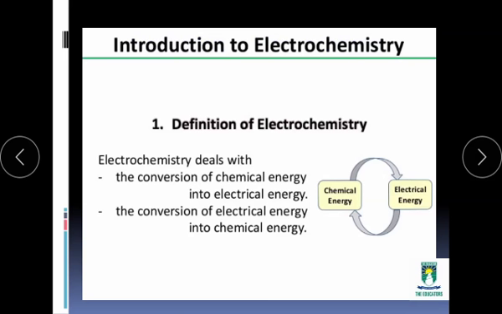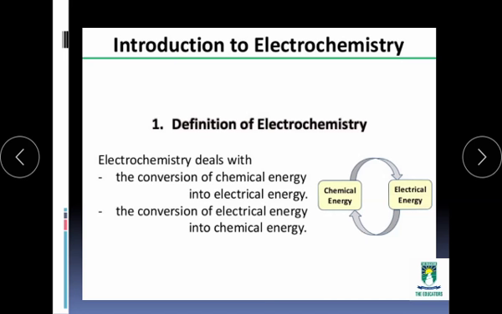First of all, what is electrochemistry? Students, as I told you in the previous lecture, electrochemistry is the branch of chemistry that deals with the relationship between electricity and chemical reactions. It involves oxidation and reduction reactions, known as redox reactions.